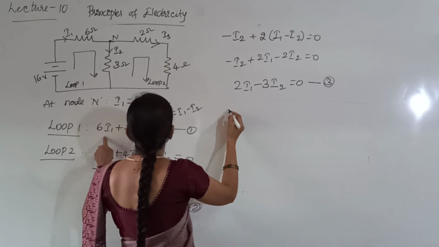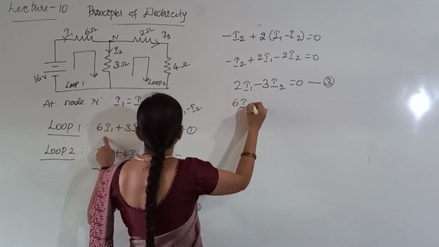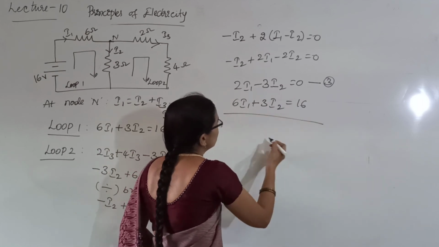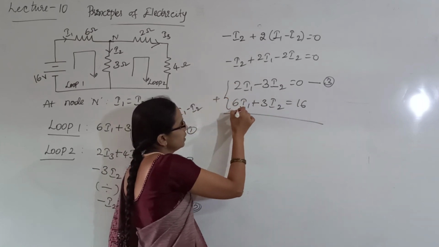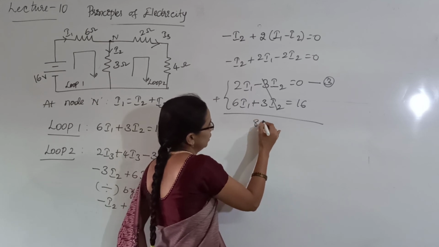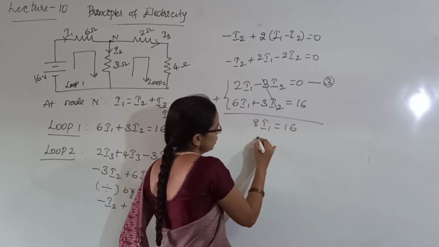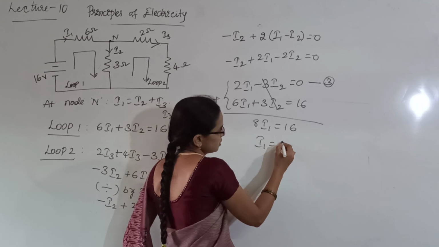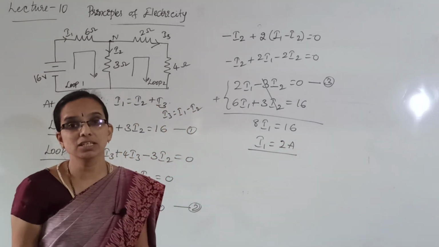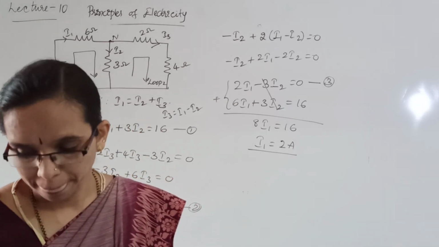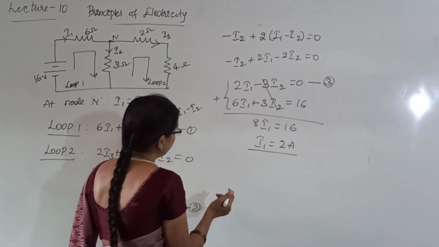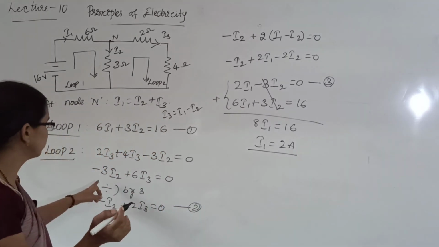The first equation I will take, that is 6 I1 plus 3 I2 is equal to 16. If I add these two, the I2 terms get cancelled. I will get 8 I1 is equal to 16. I1 is equal to 16 by 8, it is 2 amperes. After this, I1 value I have got.